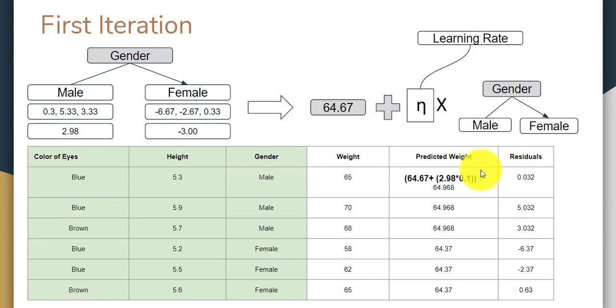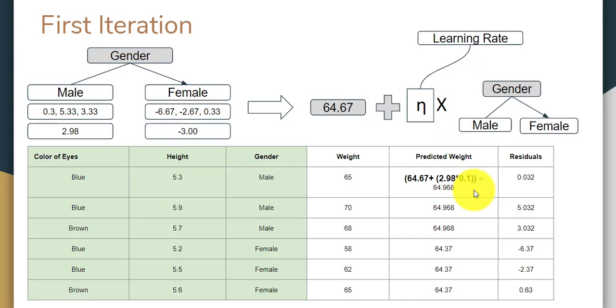Instead of directly adding 2.98, I will take a small step suggested by that tree. It suggested that I should add 2.98 for males, but instead of adding 2.98 directly, I will shrink the shift by this learning rate. I've taken 0.1, for example.